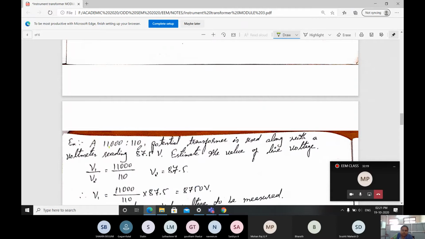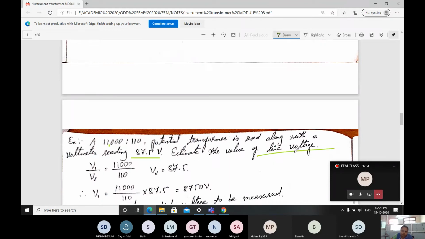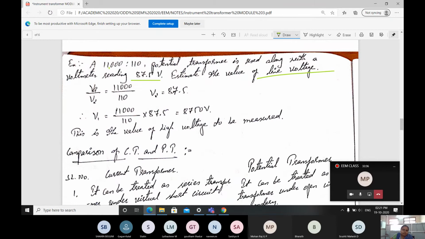A 11,000 to 110 ratio in terms of turns, potential transformer is used along with a voltmeter reading. The voltmeter reading is given as 87.5 volts. Estimate the value of line voltage. What we have to check with that? V1 by V2 is going to be equal to, which one is highest?